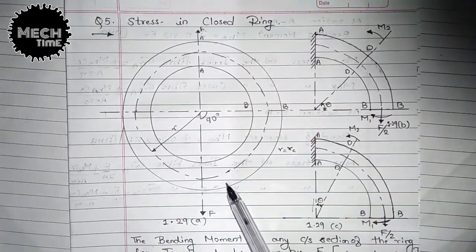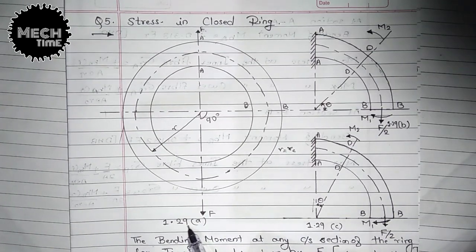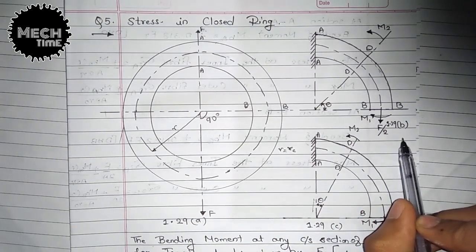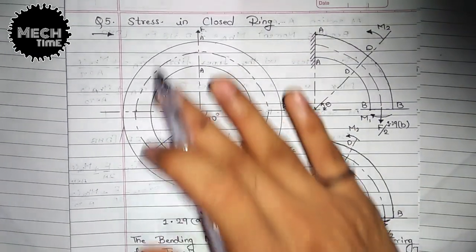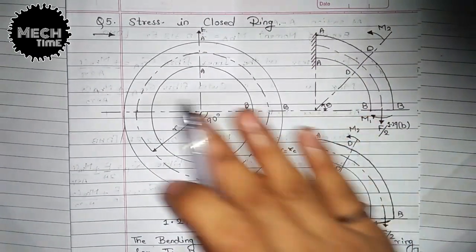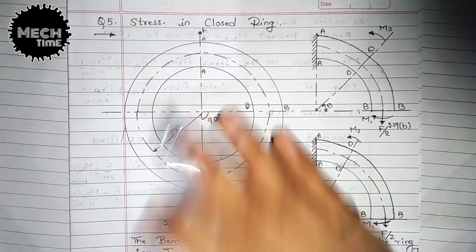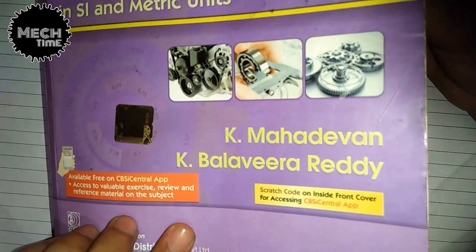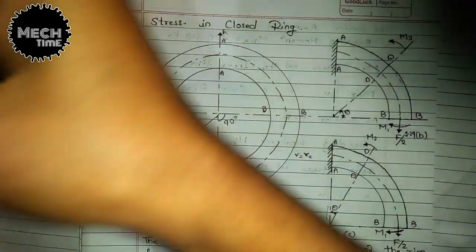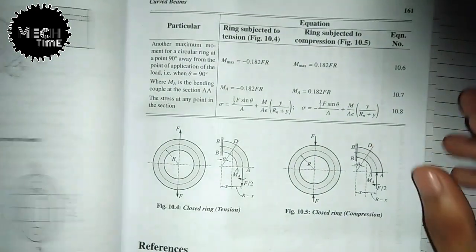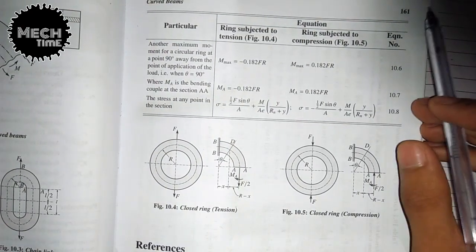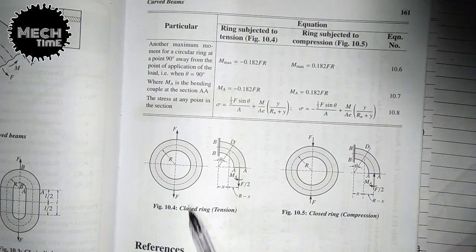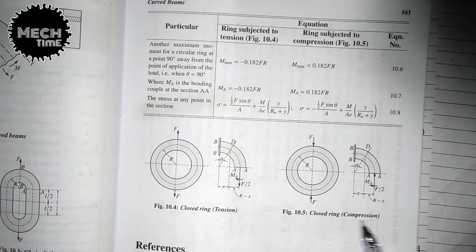As you can see in the figure, I have given names to the figures: 1.29a, 1.29b, and 1.29c. These diagrams will be present in your data handbook. As I told, I am referring to the data handbook by K Mahadevan and K Balaveera Reddy. If you go to the page on curved beam, page number 161, there are diagrams for a closed ring in tension and a closed ring in compression.